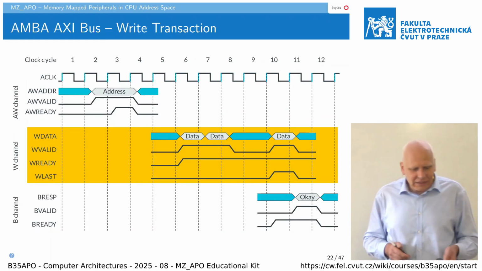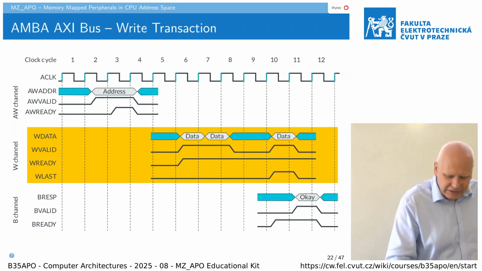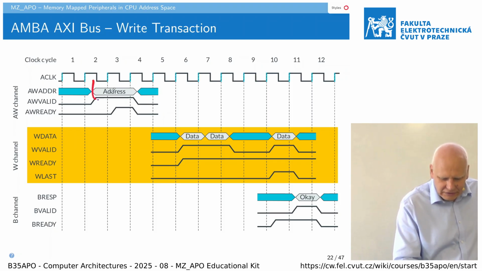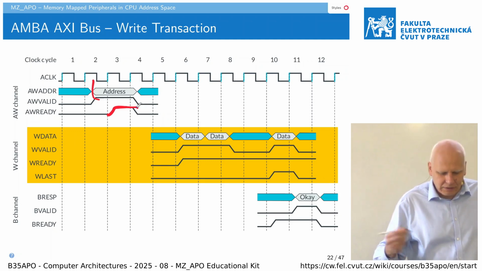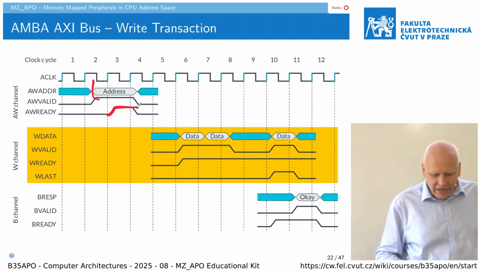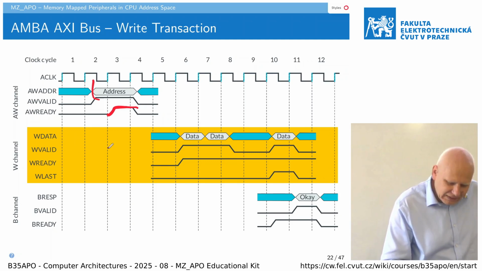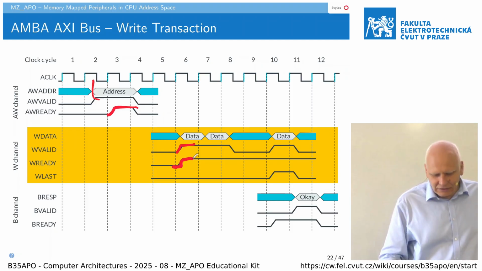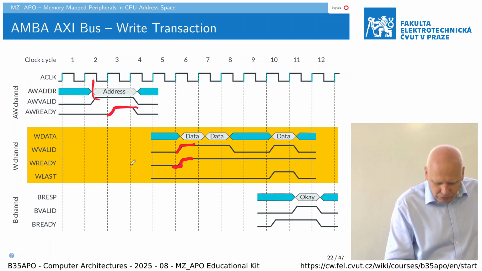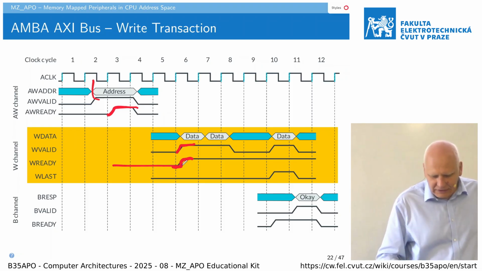For the write, it is a little more complex, because in this case the initiator, for example the CPU, needs to assert the valid address. It needs to wait until the address is accepted by the other side. Then it can run in parallel, but usually we can assert valid and ready only when the address is known, because before that we do not get the write ready signal.